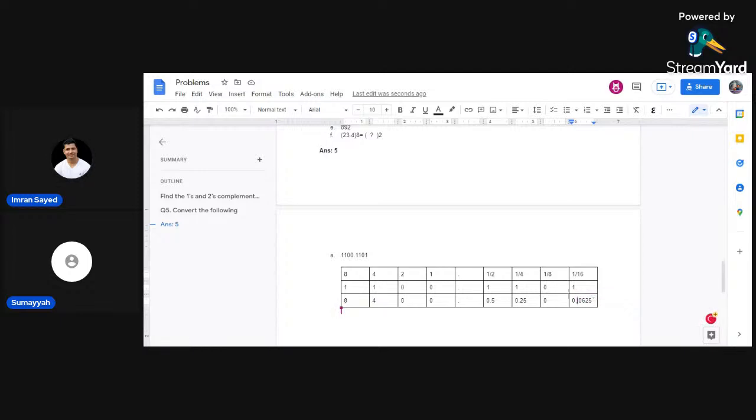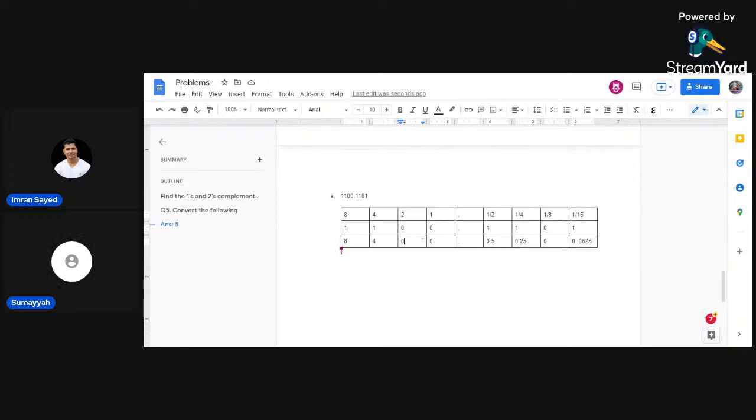Okay. And then you add up all of this. So this part before the decimal will become 12 point, 0.5 plus 0.25 is 0.75, plus 0.0625.